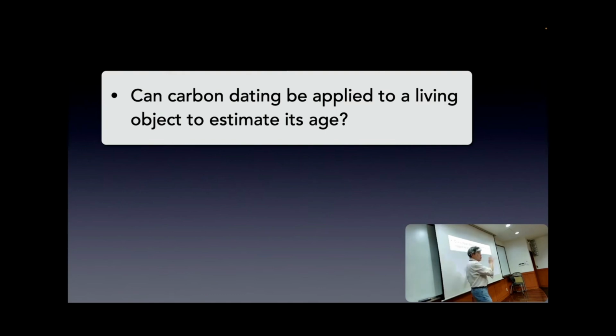The answer is no, you can't. You cannot use radioactive isotope dating on a living creature while they are alive. You can only apply this once they are dead. Why is that? If you can answer that, then you understand the rationale and principle of radioactive dating.